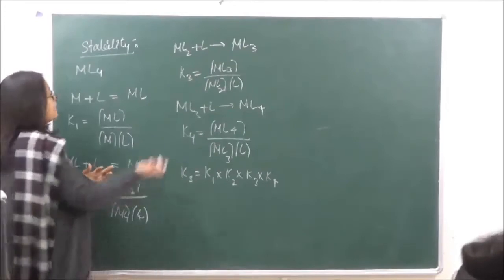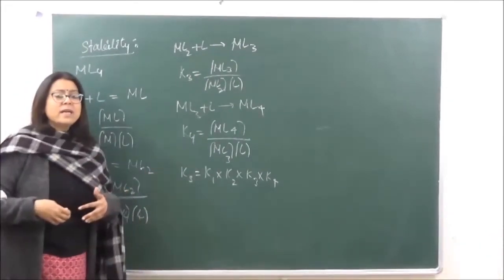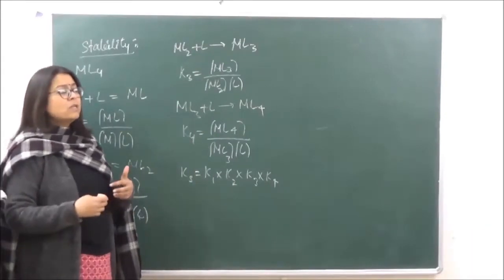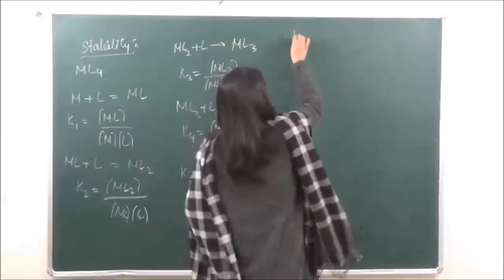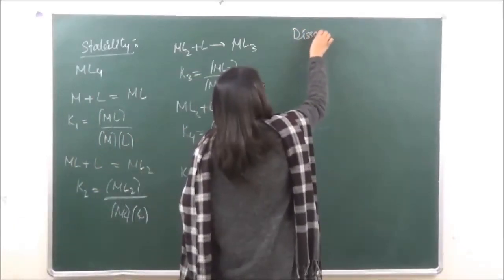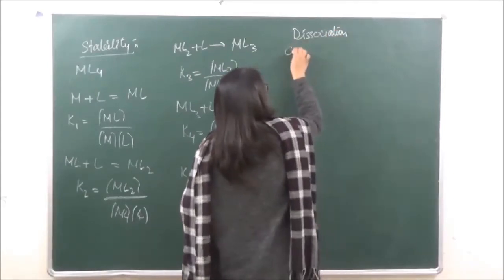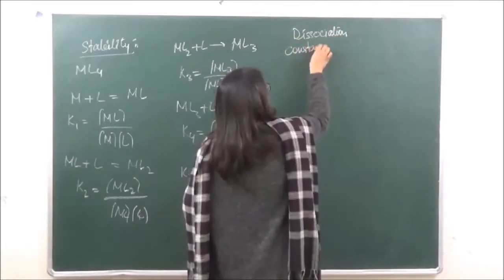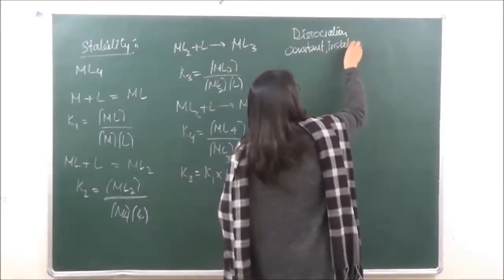Now, if we take the reverse reactions, that is, we dissociate the coordination complexes back into the ligands and the metal ions, then that is known as the dissociation constant, also known as the instability constant.